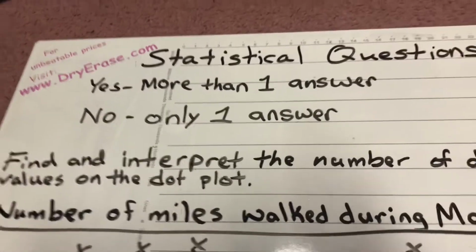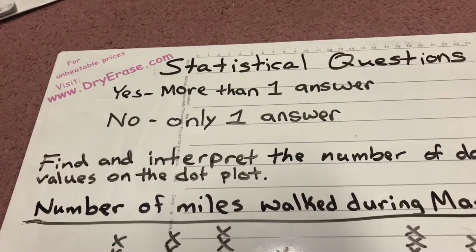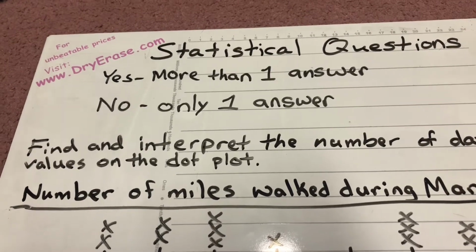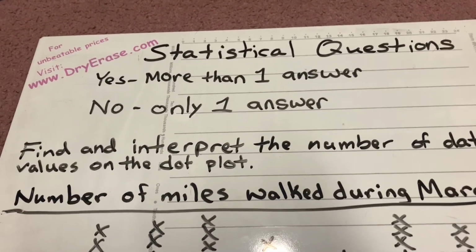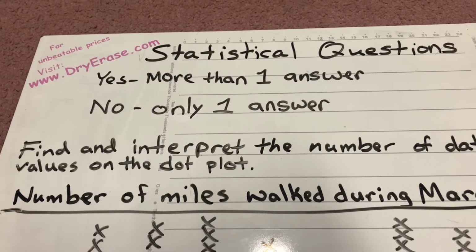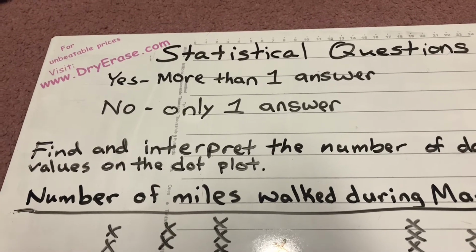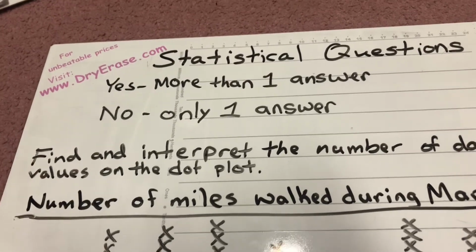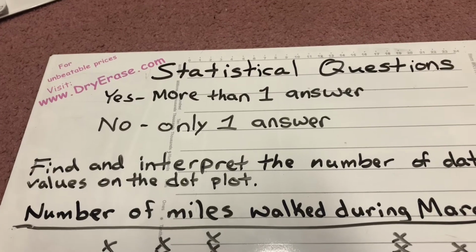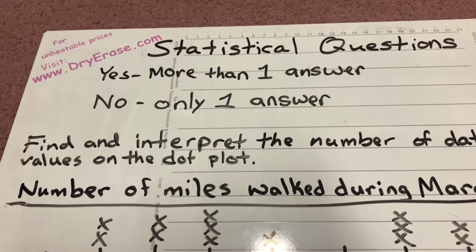Okay, so if there is more than one answer to the question, it is a statistical question. So for example, let's say you wanted to ask, what are the heights of all of the students in fifth grade? That would be a statistical question, because there's multiple answers. Not everybody is the same exact height.